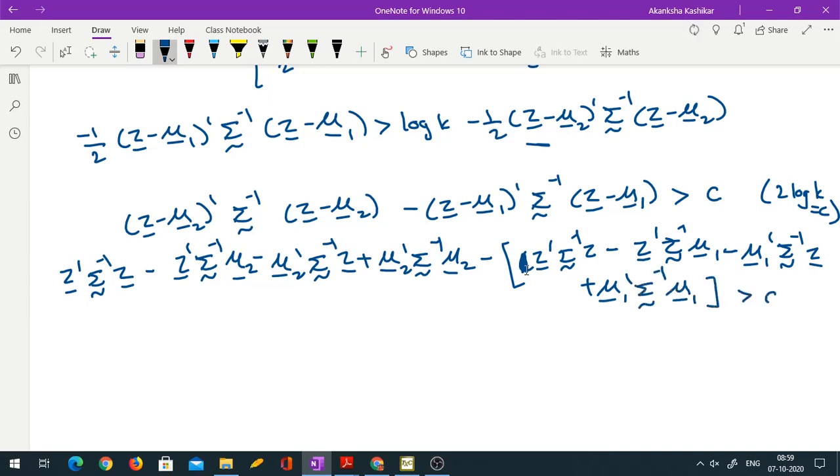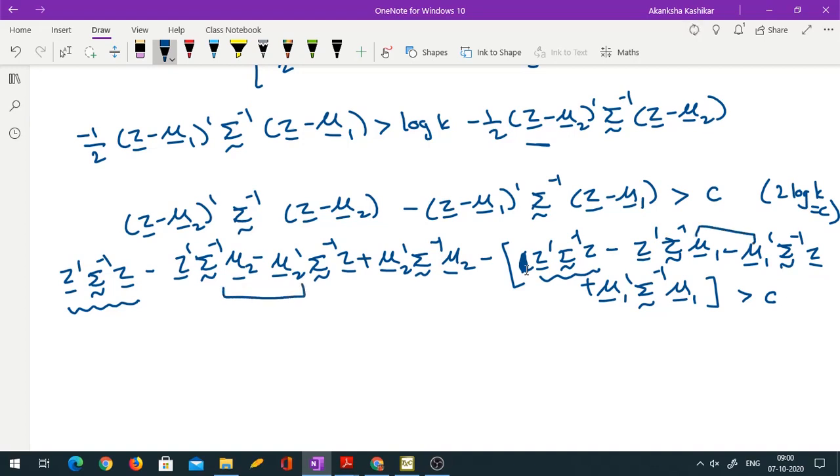So this should be greater than C. Can I cancel something? Yes, this Z prime sigma inverse Z will get cancelled with this one.